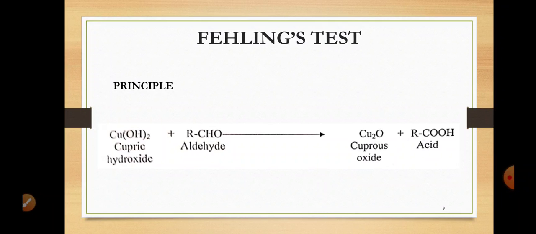Also, one more disadvantage: auto reduction may occur sometimes, resulting in a false positive test. Because of such false positive tests, compared to the Fehling's test, we prefer the Benedict's test more. This you should keep in mind.